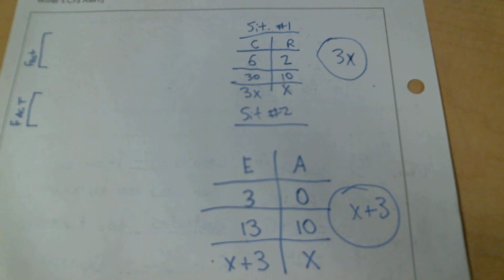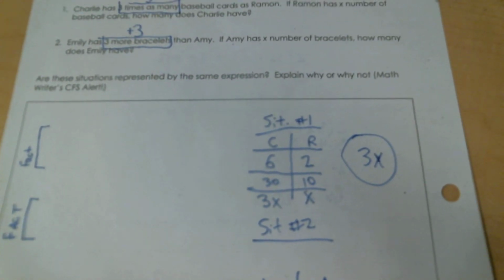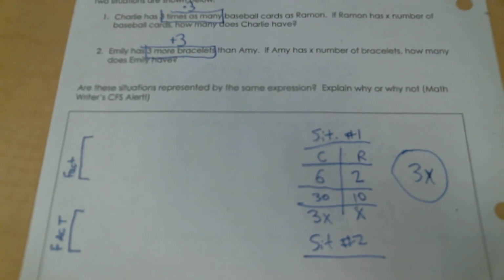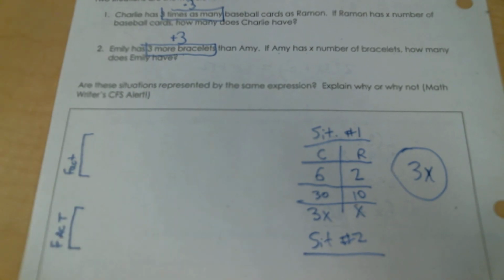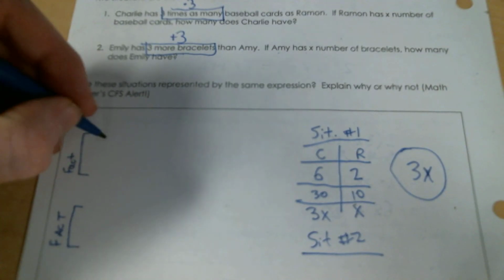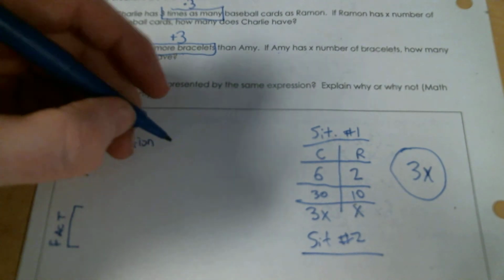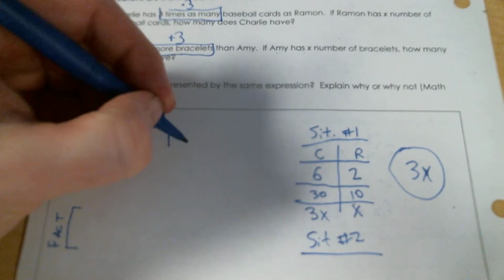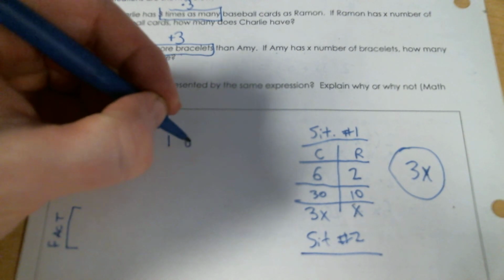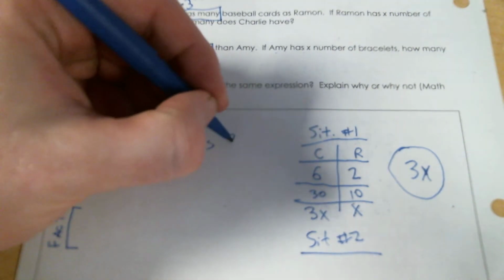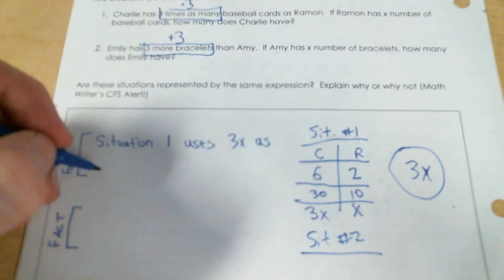But it wasn't enough just to write an expression for each situation. We have to actually explain why these are the same expression or why they are not. So let's think of some facts I can state. So I need to state at least 2 facts about what I've shown. So situation 1 uses 3x as its expression.